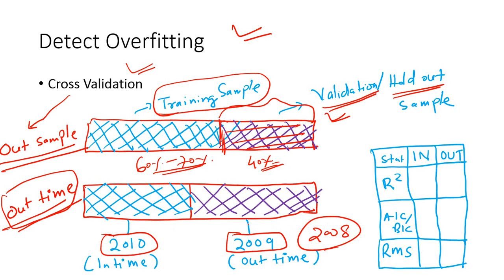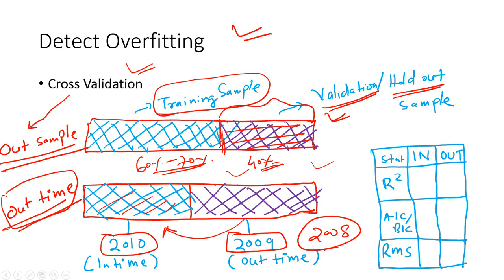And ensure that 2009 is not part of your model data. The model estimation has happened only on 2010 data, but we are testing it on 2009, 2008, 2007, and so on. And we should ensure that the model statistics are consistent, or the model is performing well enough in other periods.